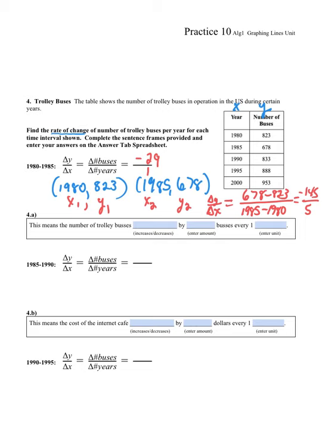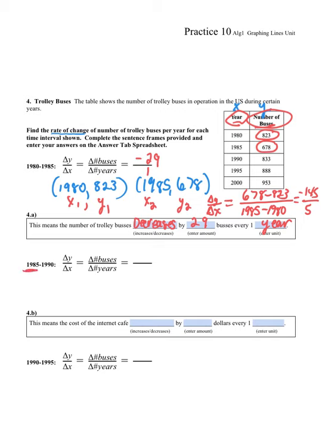It is a decrease, okay? And you want to look at your data, and it does, in fact, decrease from 823 in 1980 to 678 in 1985. So this means that the number of trolley buses decreases, and when you type it in, it should turn green to tell you right, by 29 buses every year. Again, you have to use your labels provided, year and number of buses.